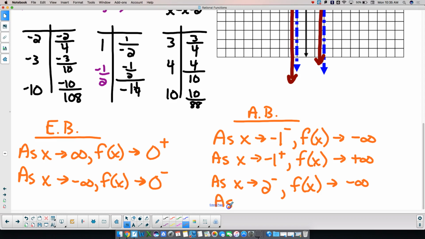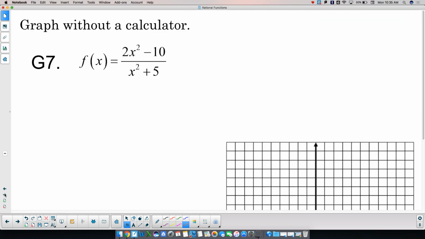And as x approaches 2 from the right, my function is going up. Questions on any of those? Graph that one.